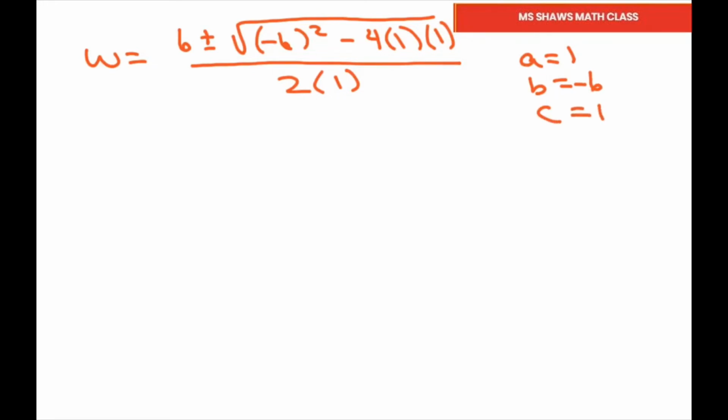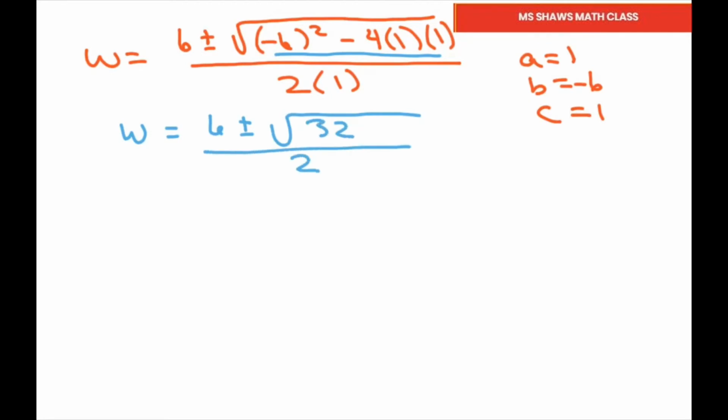You just plug in your quadratic formula, and you get w equals 6 plus or minus the square root of, if you multiply that out, 32, divided by 2.